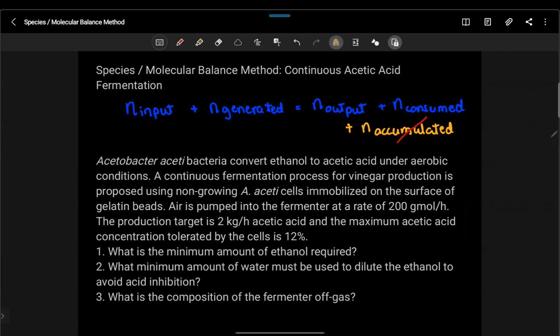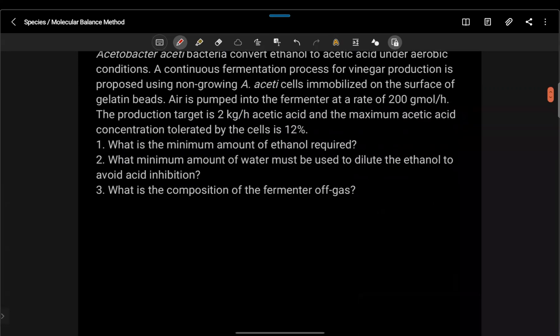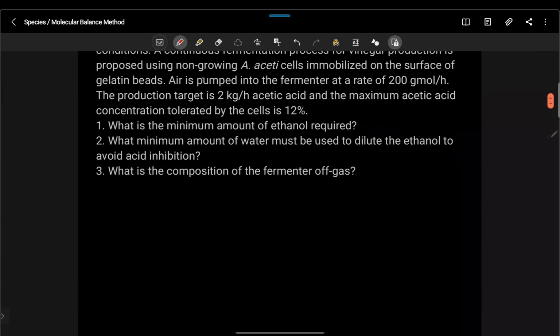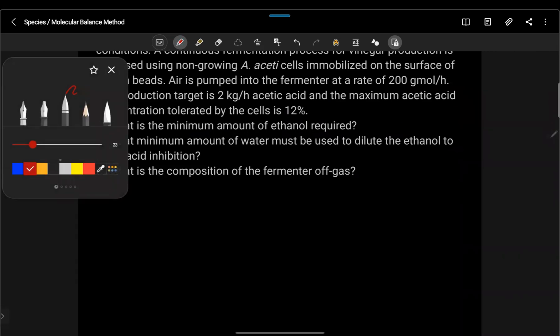Okay, so let me explain a little bit about this problem. So, si fermentation, okay, probably isusulat ko muna yung ating pinaka balance equation or reaction.